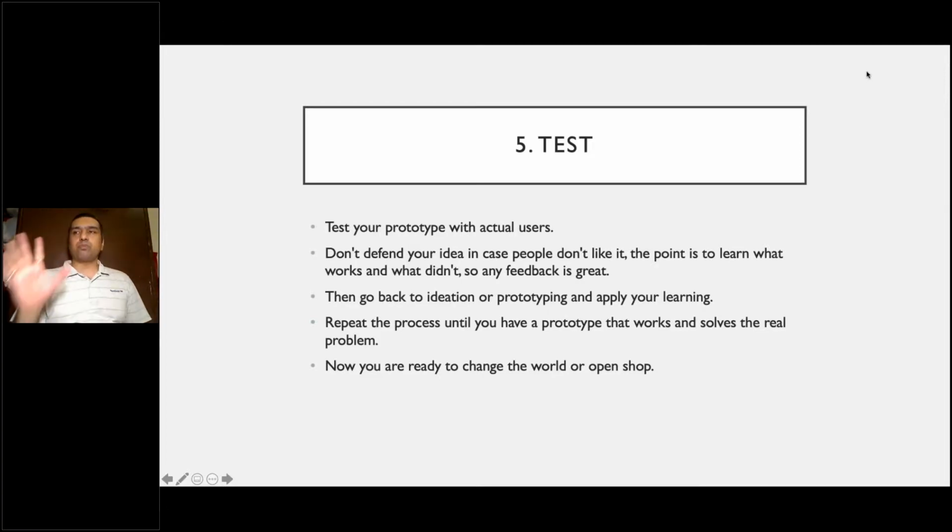None of the successful products that you see in the market today came from someone having a eureka moment in their bathtub, then coming to the office, creating something, and going laughing all the way to the bank. No, that doesn't happen in real life. No way. Nowhere. The Facebook of today is not the Facebook of 18 years ago when it started, or 17 years ago, whatever the time is when it actually started.